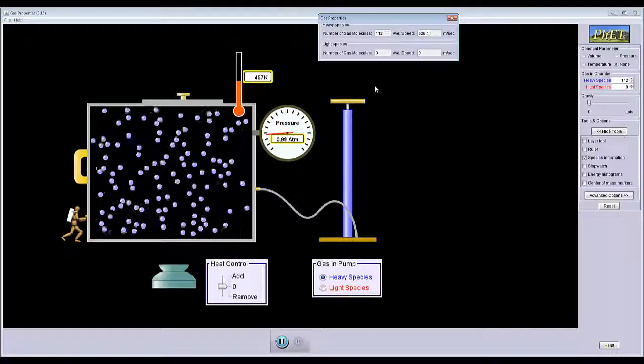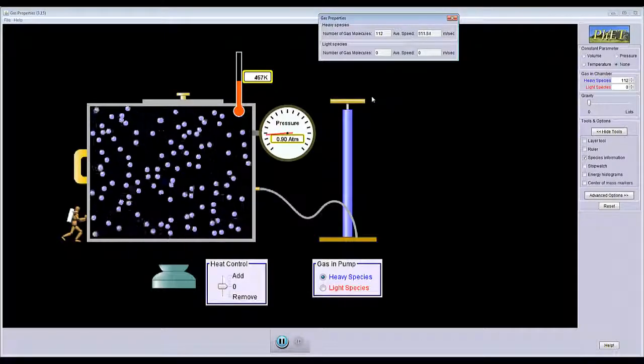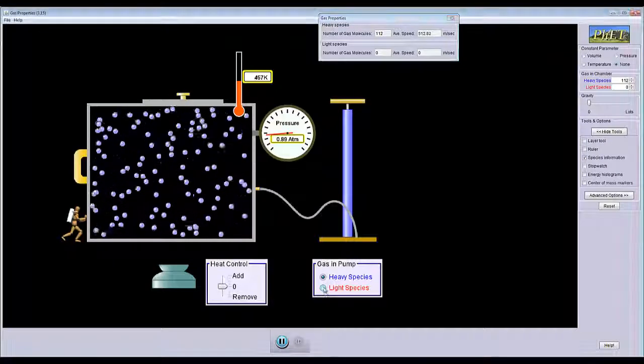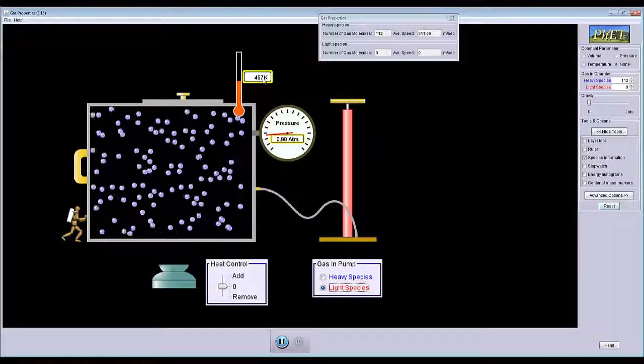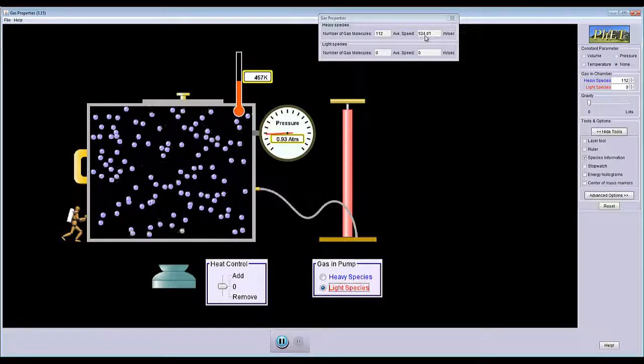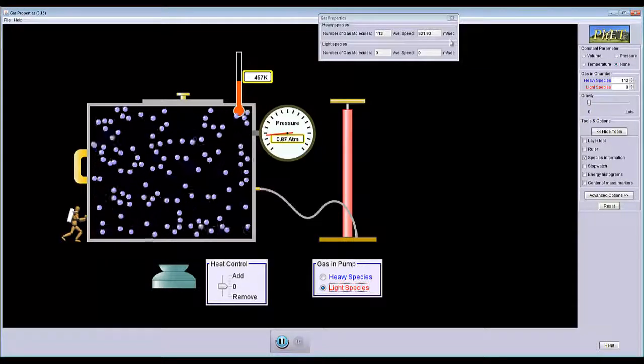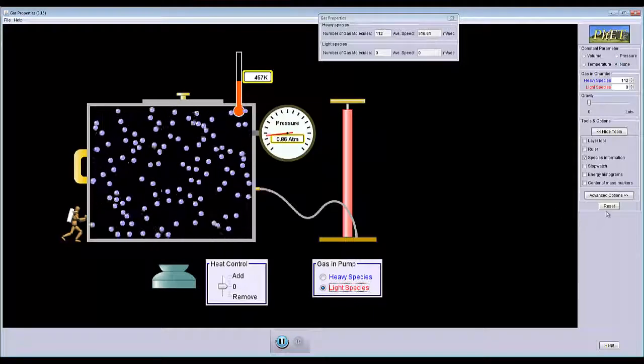But we can show that it's not just related to the average speed of the particles, because if we use instead a lighter particle, so if we want to get up to this 457 Kelvin, with the heavier particle, the average speed at 457 is about 520 meters per second.